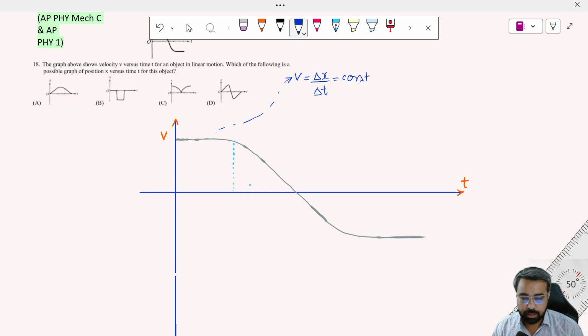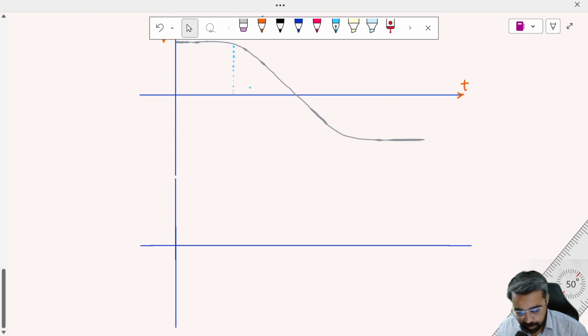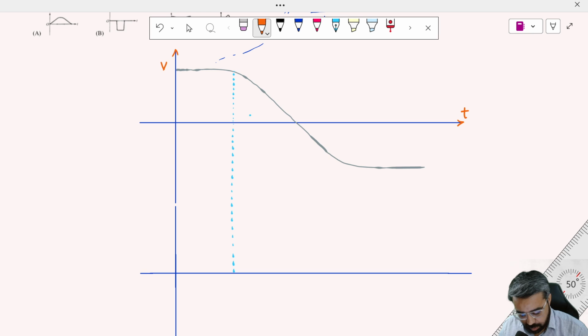And if it is positive, it means that during the same time we must have this position time graph. Why? Because if you find the slope of this line, it will give you this constant velocity.